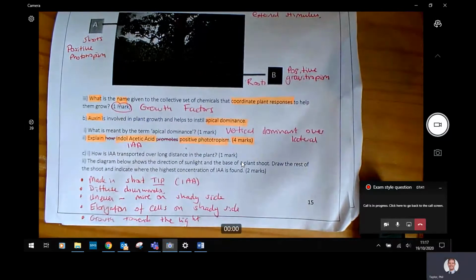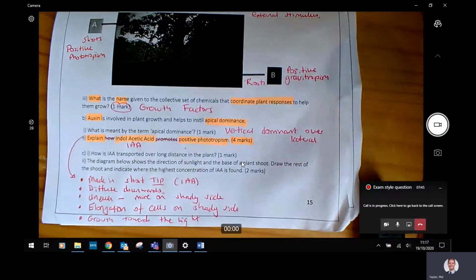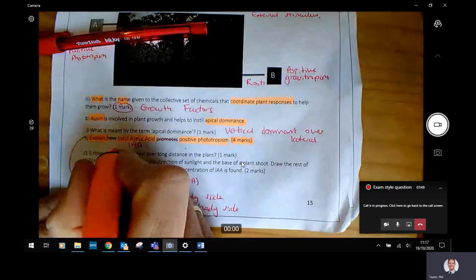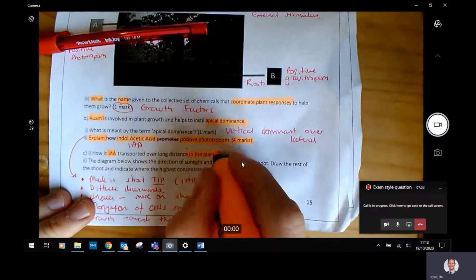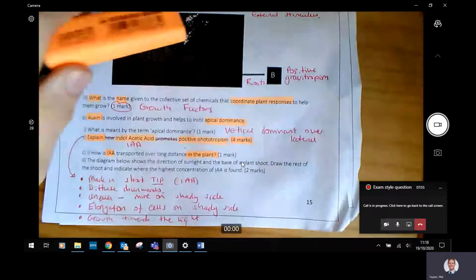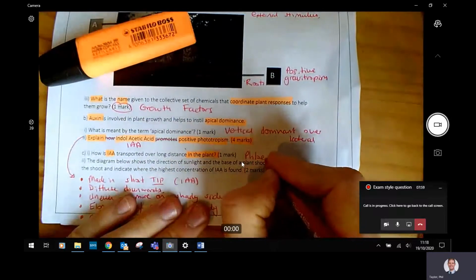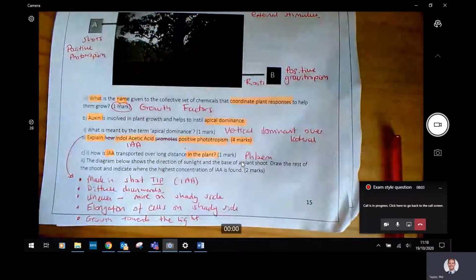Okay, so that's answering that question. So how is IAA transported over long distance is the next question. IAA transported long distance in the plant. Well, I've just mentioned what that was. That's the phloem.